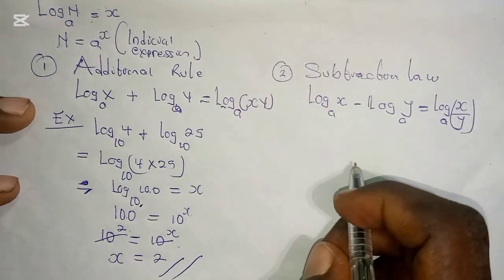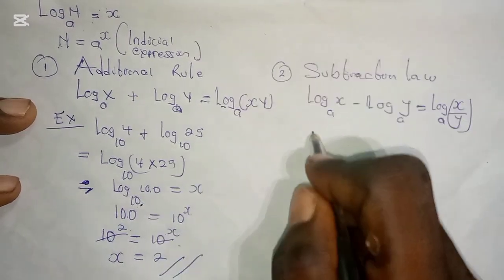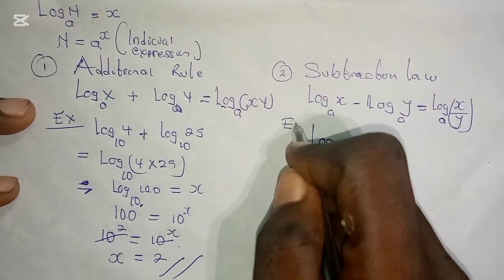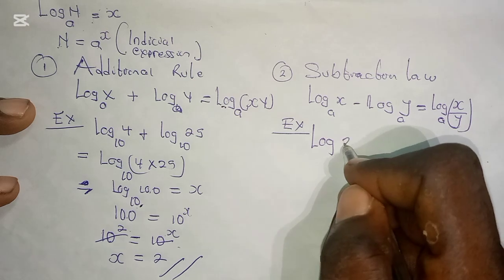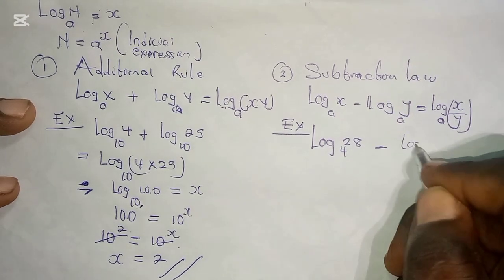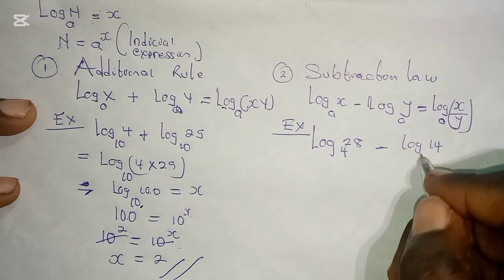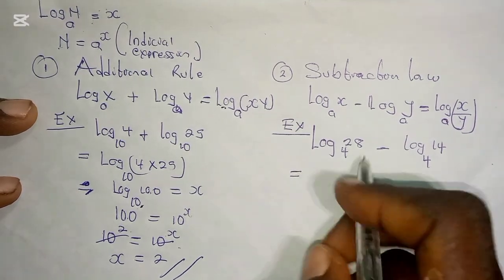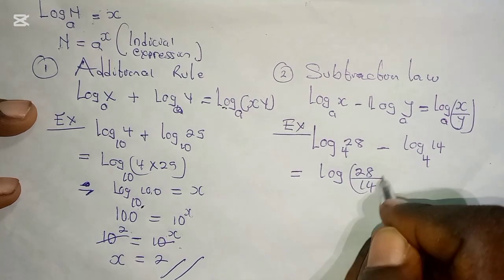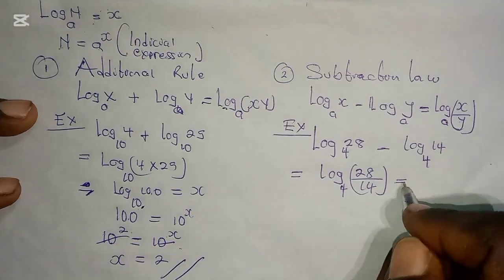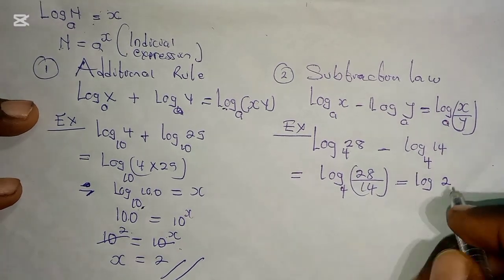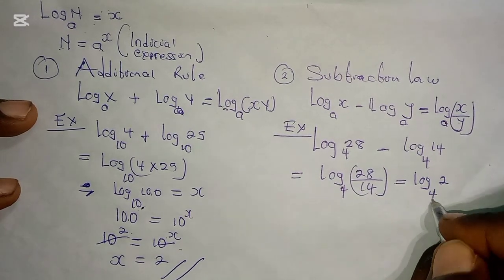Now let's solve an example: log 28 base 4 minus log 14 base 4. Using this property, we have log of (28 divided by 14) base 4. So 28 divided by 14 is 2, and you have log 2 base 4.